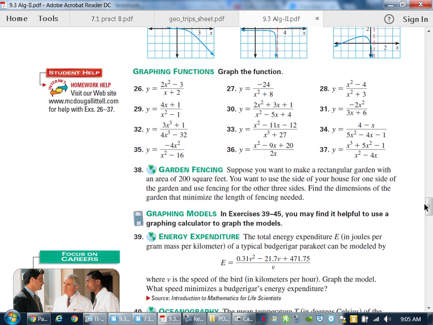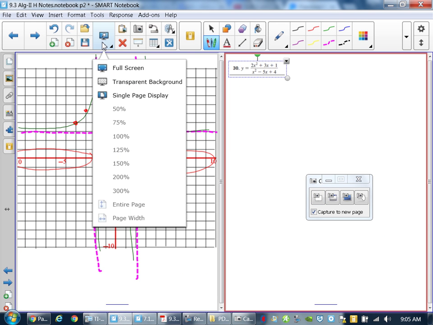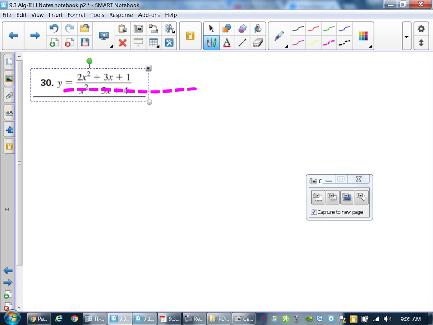I don't think it does. I'm trying to think if 30 had the hole in it or not. Let's look at 30 real quick. I told you I'll play it later, don't worry.